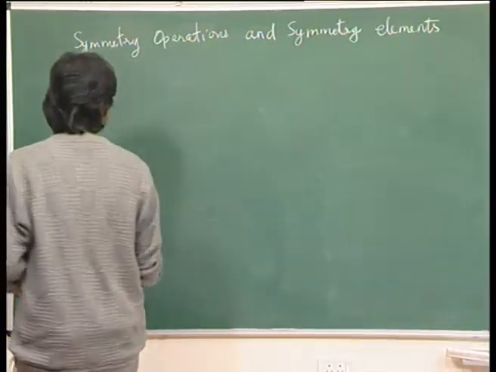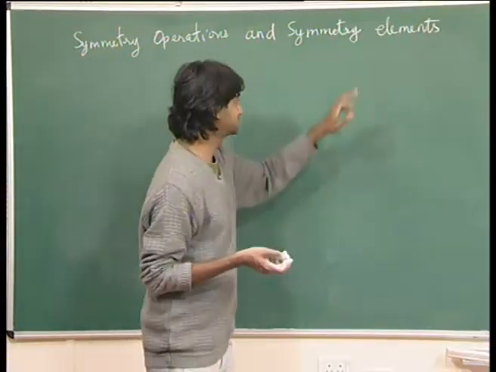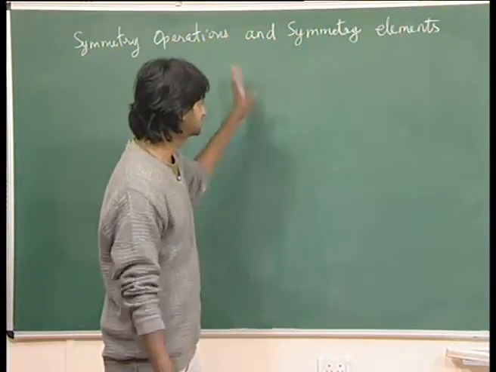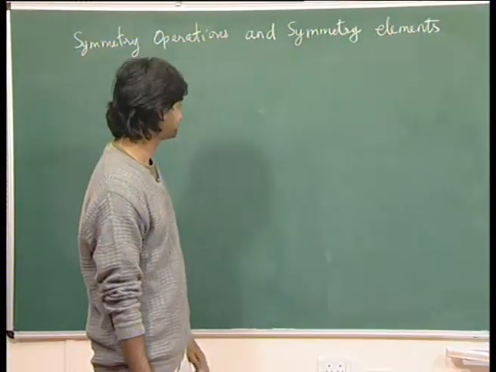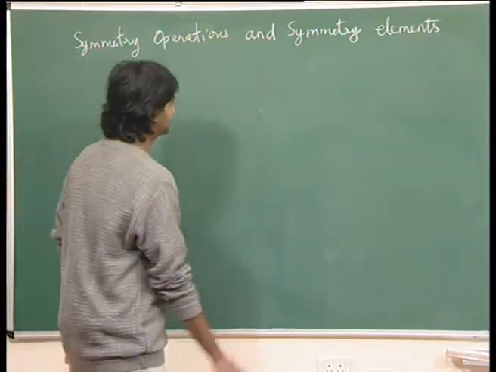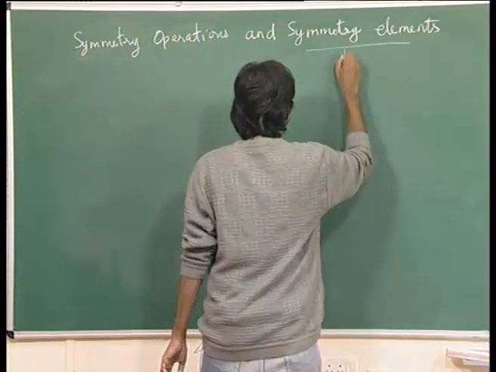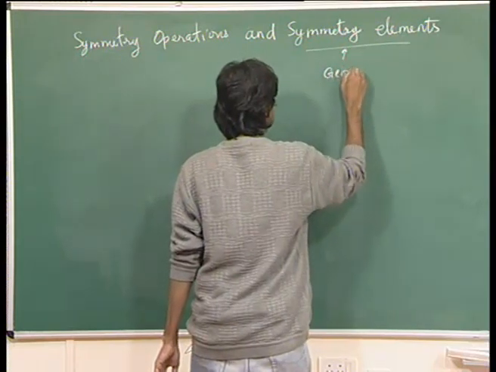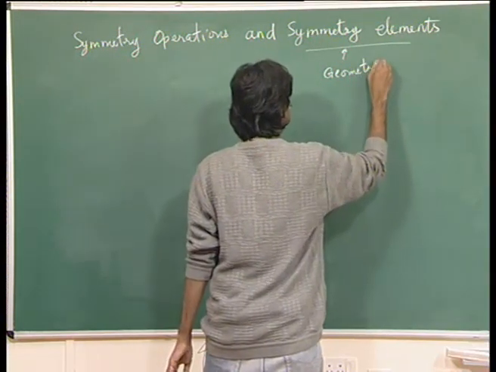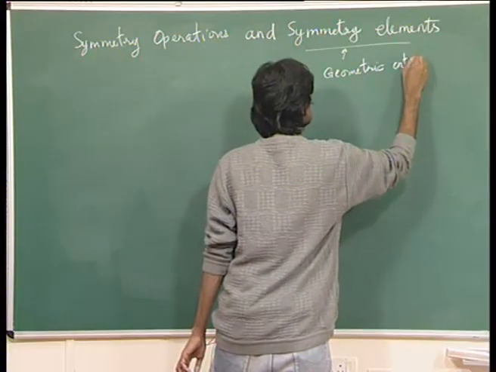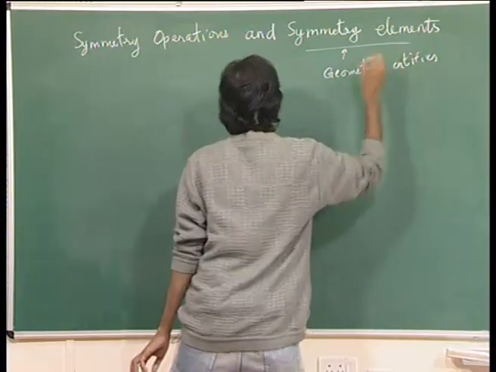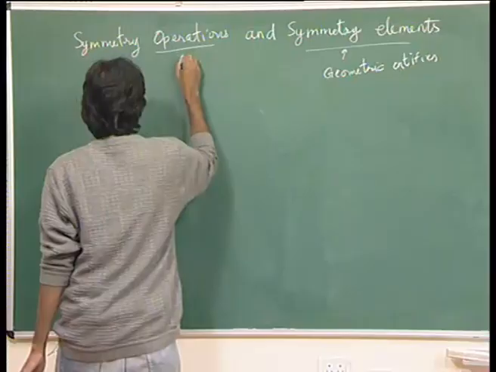So, there is a distinction between symmetry operation and symmetry element. Sometimes the same symbol is used for both of them. Symmetry elements are typically geometric entities. These are, as they said, operations.